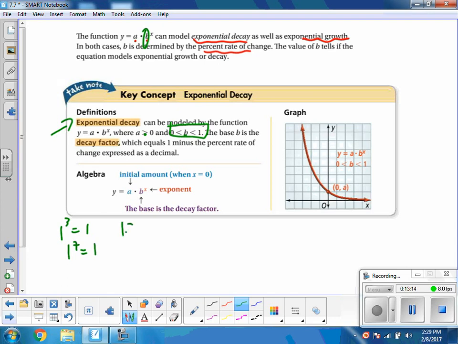But when you start increasing it, like 1.2 to the 3rd power, 1.2 to the 3rd power is like 1.728. But you take 1.2 to the 4th power, it's jumping, where you have exponential growth happening here, but it is going up.